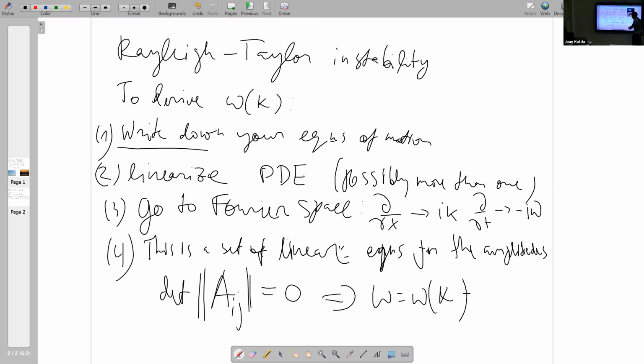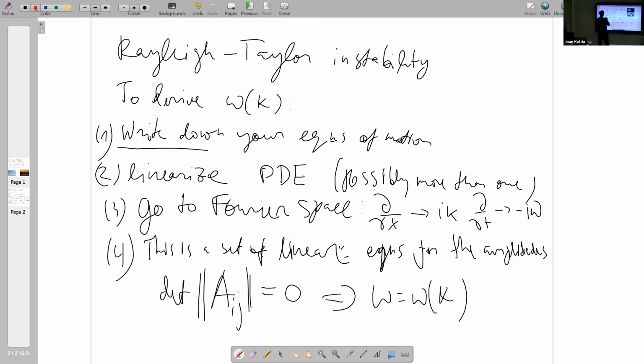So this is the general procedure. We did this for Kelvin-Helmholtz. It was somewhat tricky because we needed to tailor a solution in two ranges of the space. Write down your system of equations of motion. Actually, what we did, we had an equation for the upper part and the lower part, and then we needed to tailor the two solutions here and there. So this thing here depends on what you have.